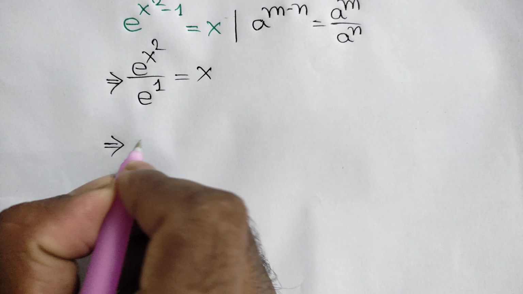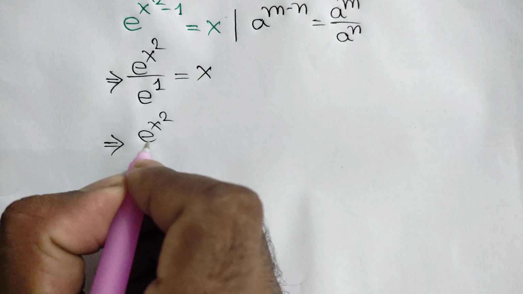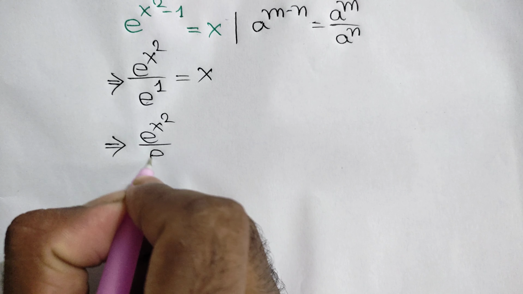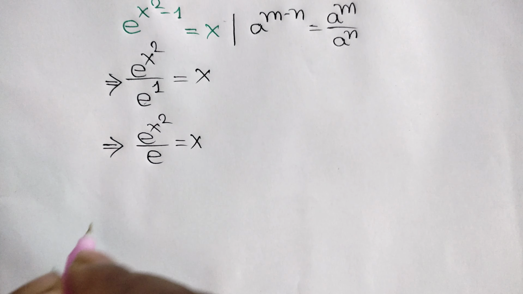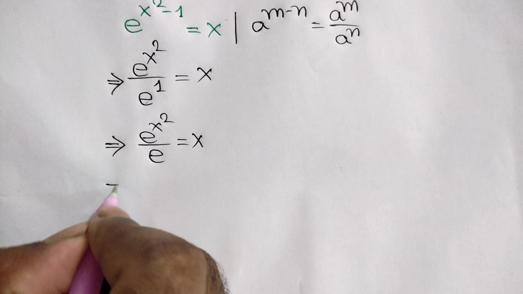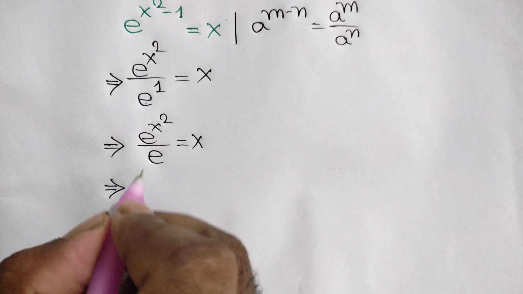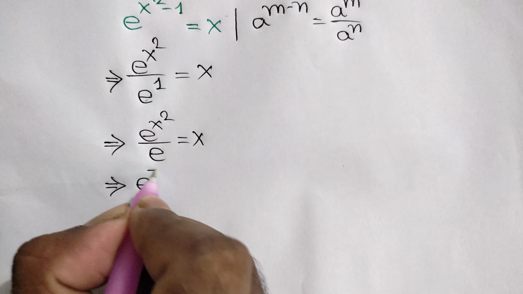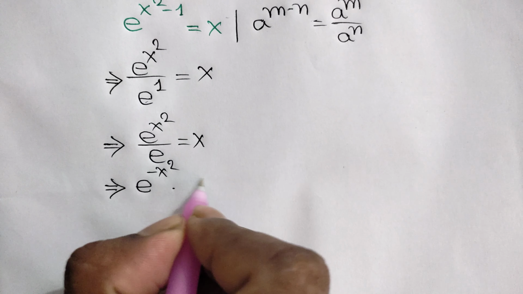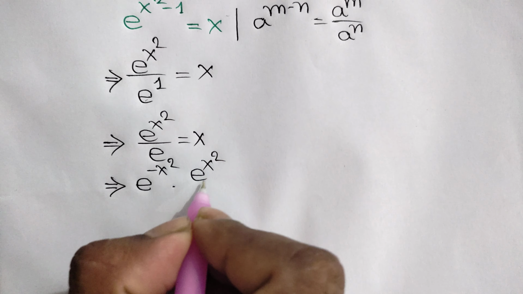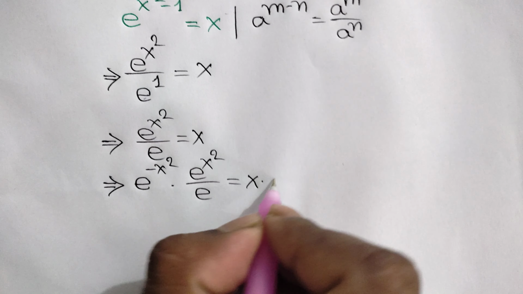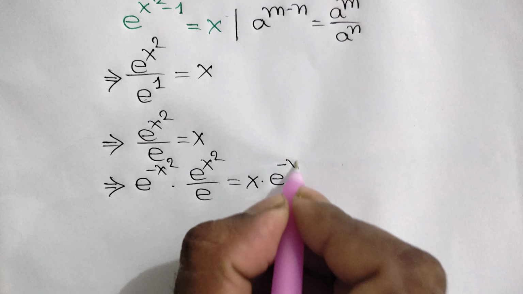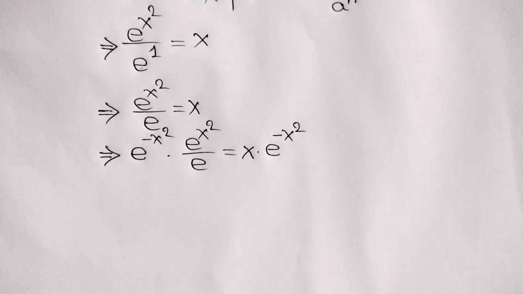or e to the power x square over e to the power 1, that means e, is equal to x. Now multiplying both sides by e to the power negative x square, we can write e to the power negative x square times e to the power x square over e is equal to x times e to the power negative x square.